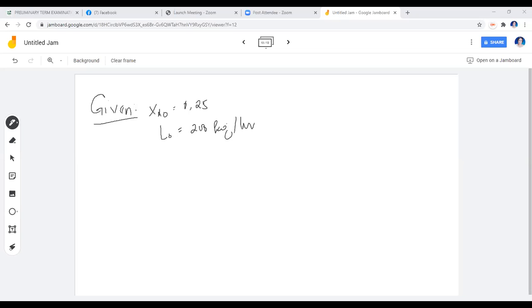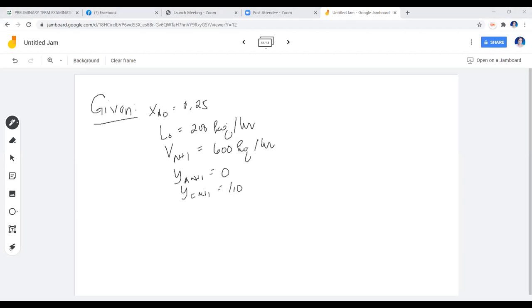So in this case, your V sub n plus 1, this is your solvent, is 600 kilograms per hour, and your YA n plus 1 is 0 because this is pure. So your YC n plus 1 is 1.0. It's pure solvent. It doesn't contain any A. So that's taken from our problem.